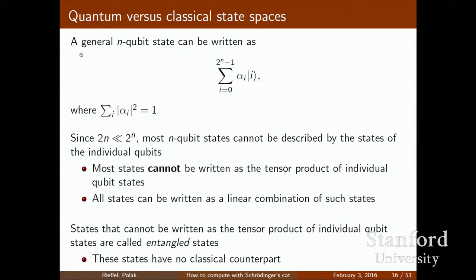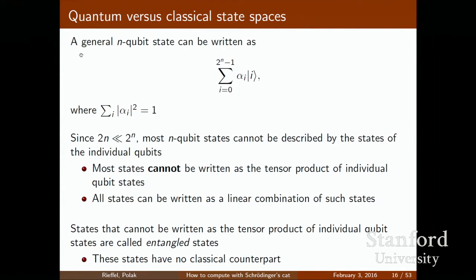So, just like individual qubits can be in a superposition state, so can multi-qubit systems. The general n-qubit state is a linear combination, or superposition, of some alpha_i for all possible basis vectors. And again, we normalize this to a length 1 vector.